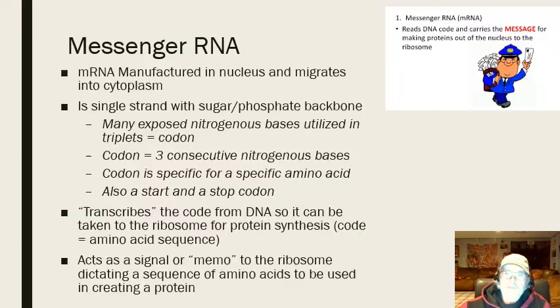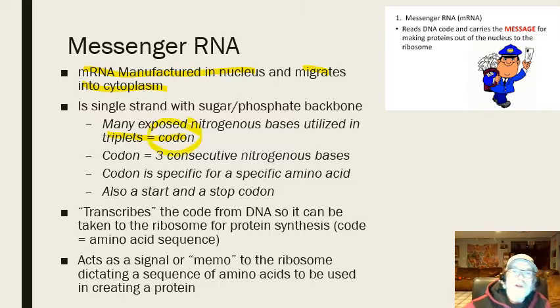Let's talk about that. First of all, let's talk about messenger RNA. Messenger RNA is manufactured in the nucleus and then migrates into the cytoplasm. Again, it's like all other RNA. It's a single strand, sugar phosphate backbone, the ribose backbone with phosphate. It has many exposed nitrogenous bases, which are in triplets. Now, this is another word that you need to know.